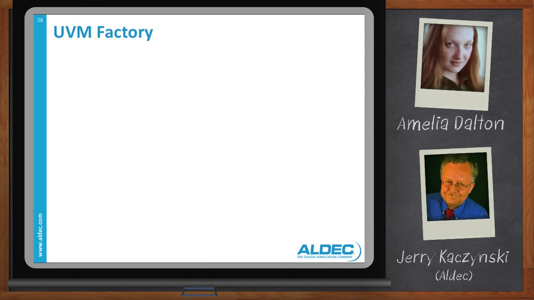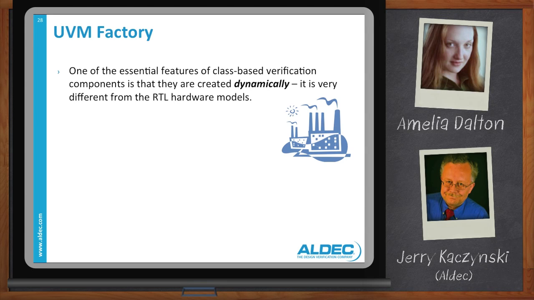To understand Factory, we must remember that one of the essential features of class-based verification components is that they are dynamically created. And please remember, it is very different from the RTL hardware models, which are always statically created. So before you start simulating them, they are already fully instantiated and configured.